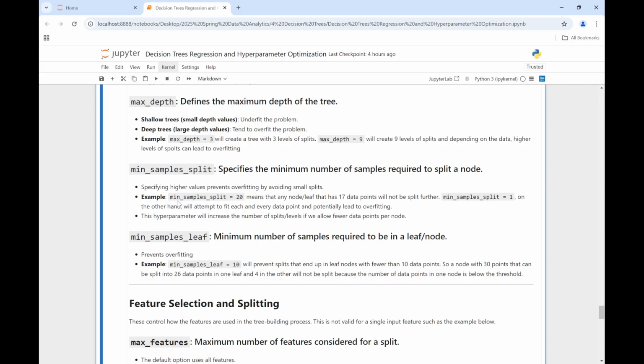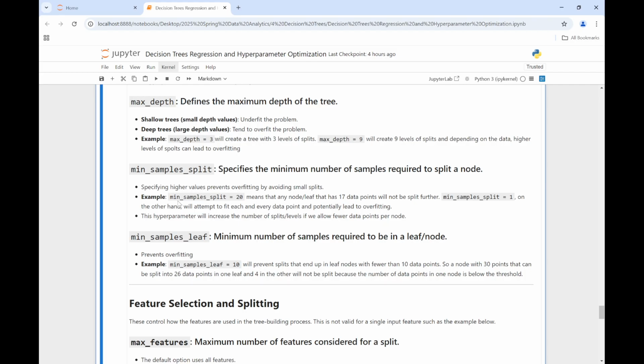The minimum number of samples required to be in a leaf or node is the next hyperparameter. As we keep making splits, each and every leaf or node is going to get fewer and fewer data points, and we have seen this. So if you want to prevent uncontrollable growth of the tree, we can specify a minimum number of samples required to be in each child or leaf node.